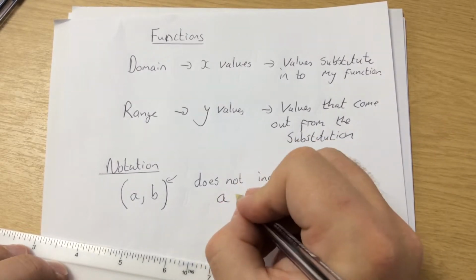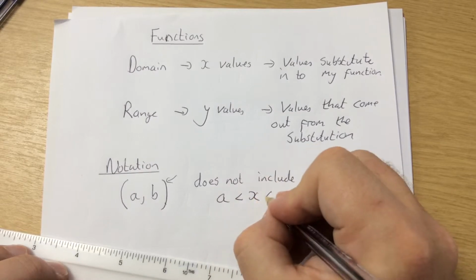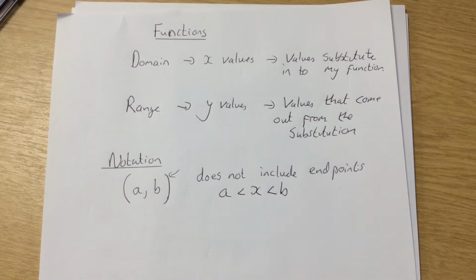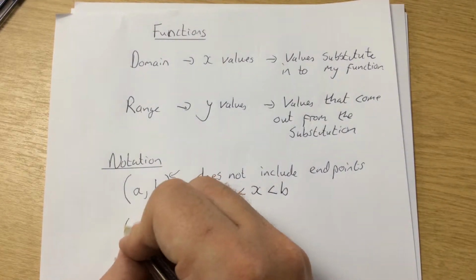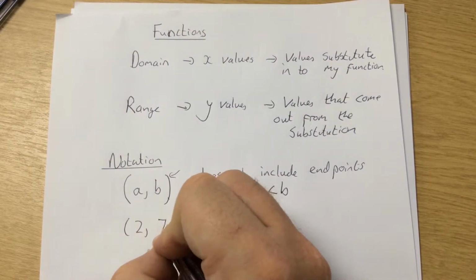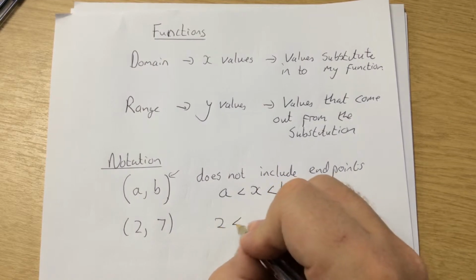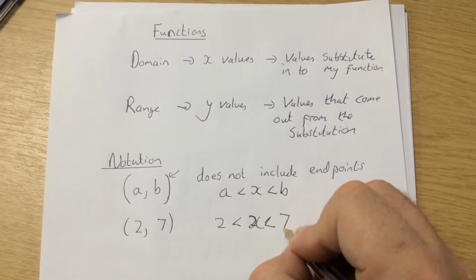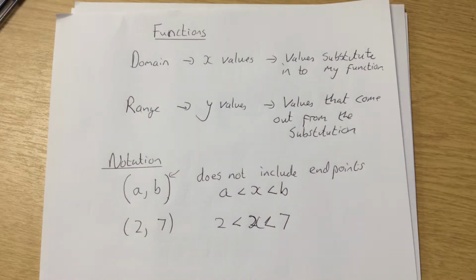What that means is going from a up to x up to b, it doesn't include a or b. For example, if I put 2 up to 7, that means x is bigger than 2 but less than 7. So it doesn't include the 2 and the 7. It's between 2 and 7.